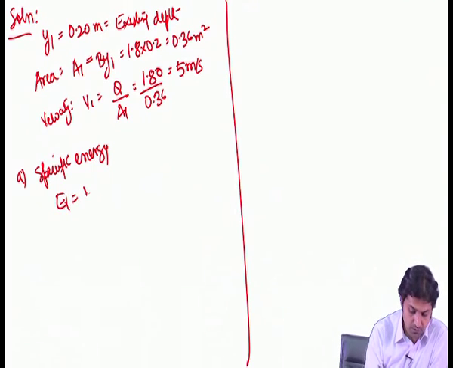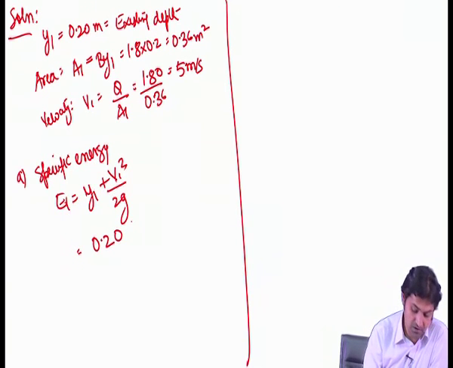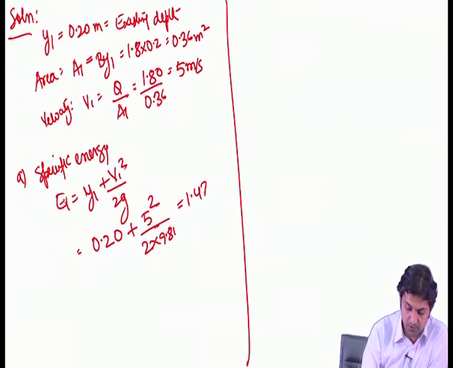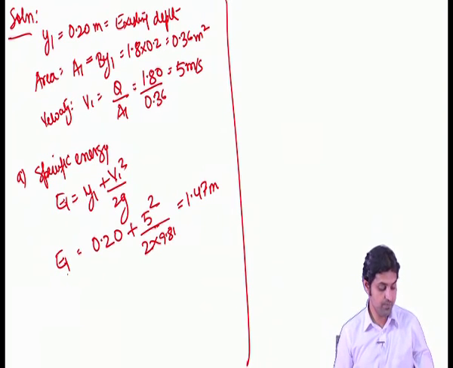E1 is equal to Y1 plus V1 square by 2G. So, Y1 we already know, plus V1, we have already calculated, squared, divided by 2 into 9.81. All right. So, this comes out to be 1.47 meter. So, specific energy at 1.